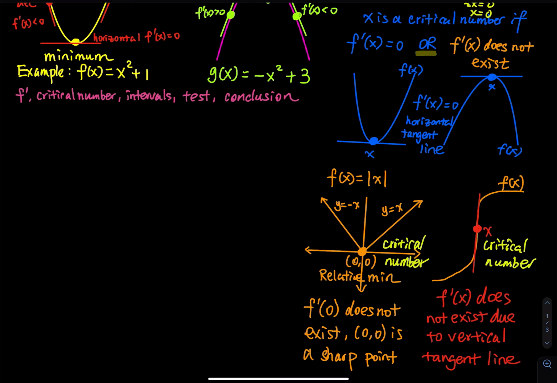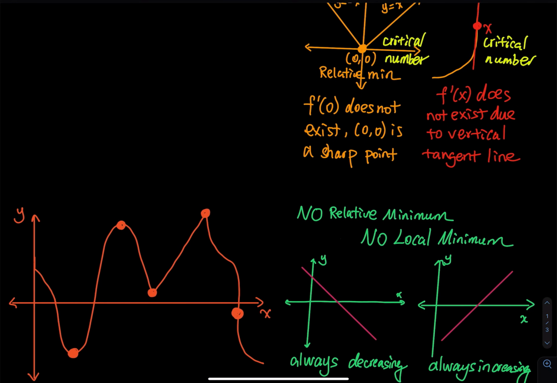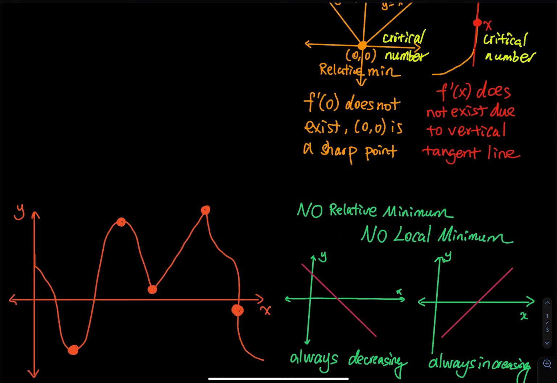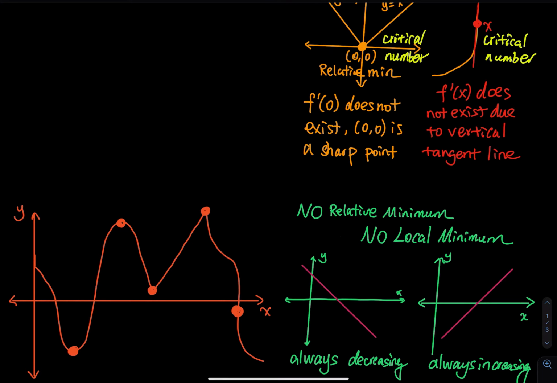All right, let's summarize everything we discussed so far into one picture. In this picture, can you point out which one is min, which one is max? For this graph, first we have a slope going down, then horizontal, and then going up. So this is a relative minimum.